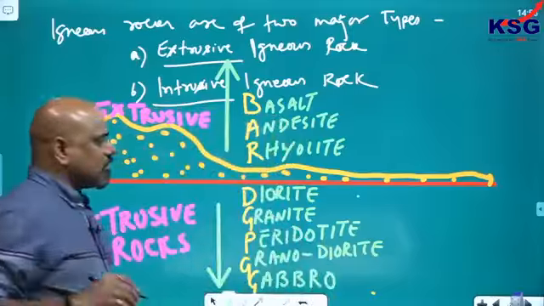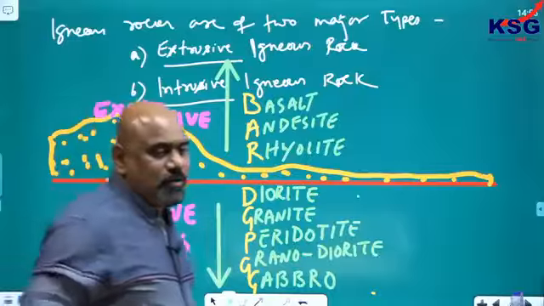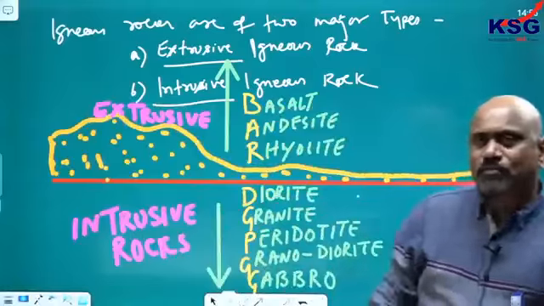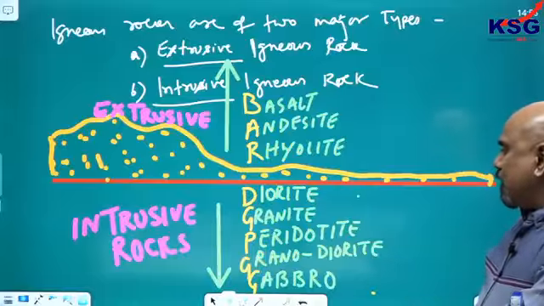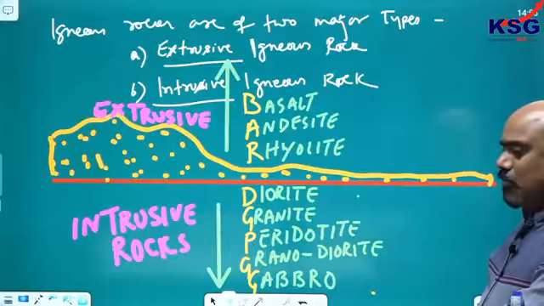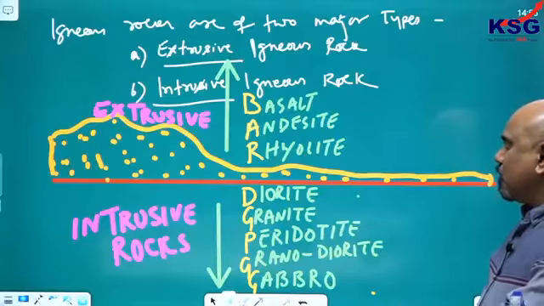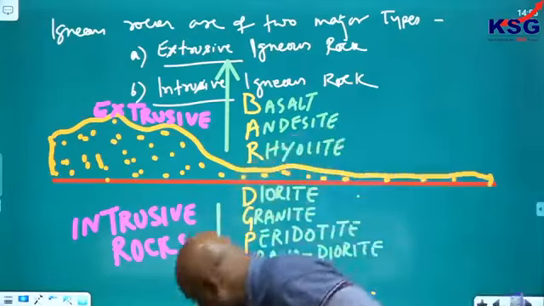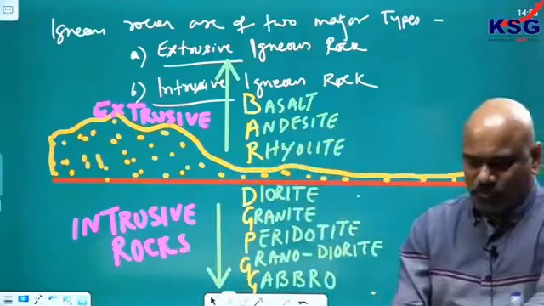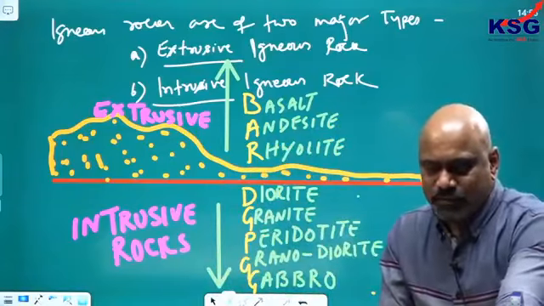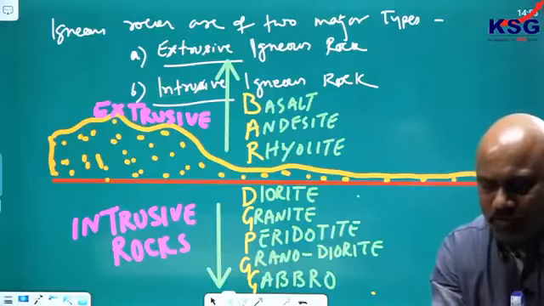These are the intrusive rocks. You will get these intrusive rocks inside the earth. Basalt, andesite and rhyolite, these are the extrusive rocks. Extrusive and intrusive, two types of rocks I have said.